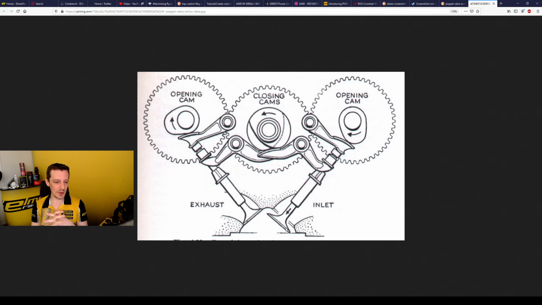So that's why poppet valves are really beneficial, and they also allow the combustion chamber to be very well packaged, so you don't have crevices and interior shapes with a higher surface area to volume ratio, where your burn rate will go down and you will start having higher ratios of uncombusted fuel.